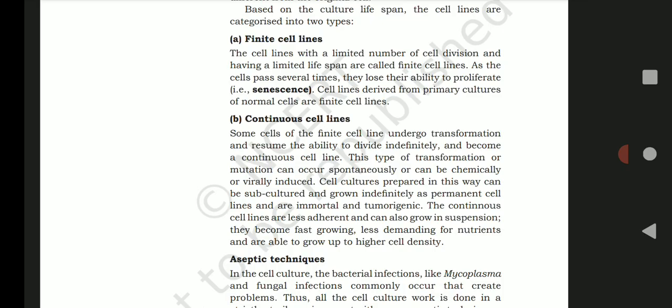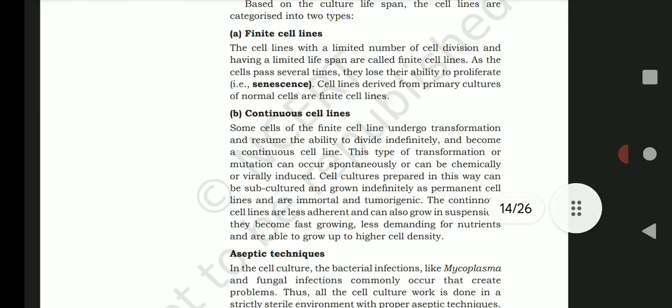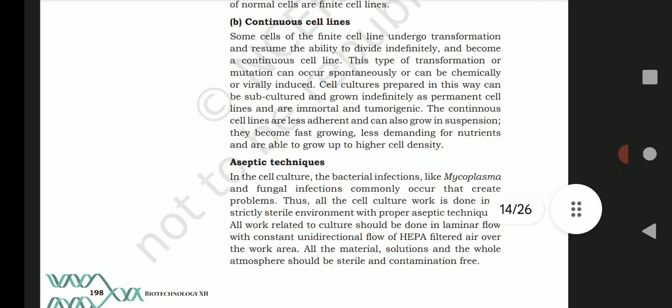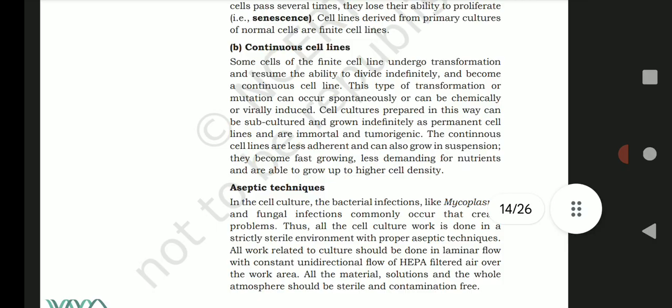These cell cultures are prepared this way and subcultured to form the infinite permanent cell lines or immortal cell lines, or we call them tumorigenic cell lines. These are especially utilized for cancerous cell line testing and alterations. It is less demanding for nutrients when compared to the previous culture.